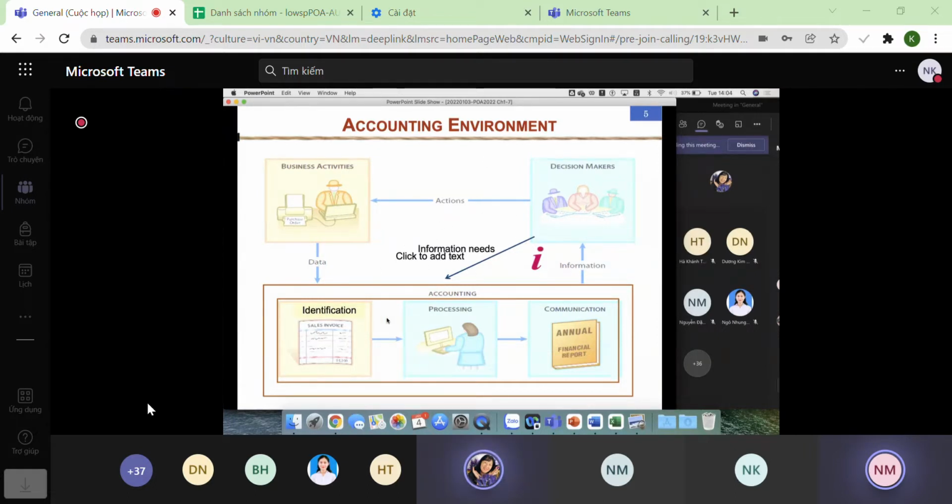Can you see the 4 arrows here? Which one do you think is the first one? The first for the relationship among these components. Which one is the first one?